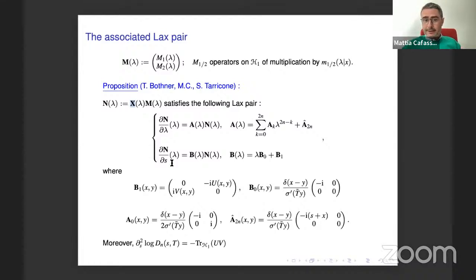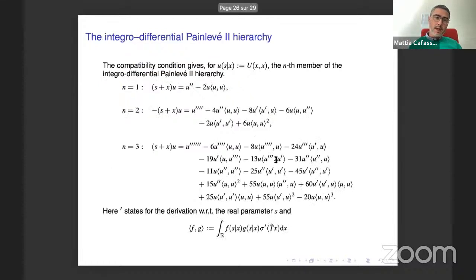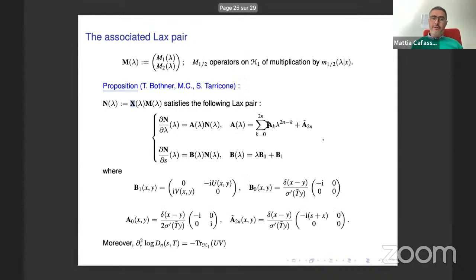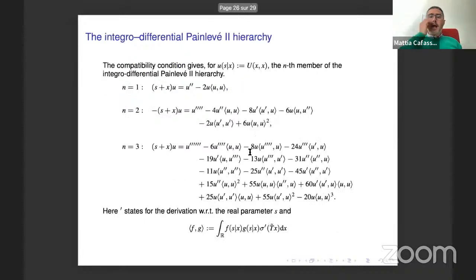Indeed, this is how it appears in the setting of Flaschka and Newell. And then you study the compatibility condition of these two equations. Actually, what you study is this function that depends on s and x, which is just the diagonal of the operator, so it's u(x,x) here.